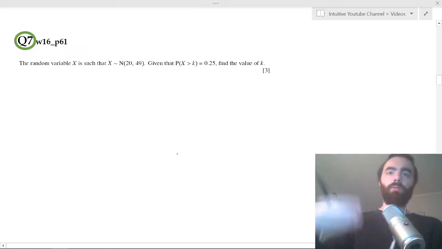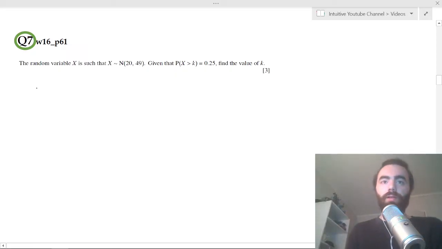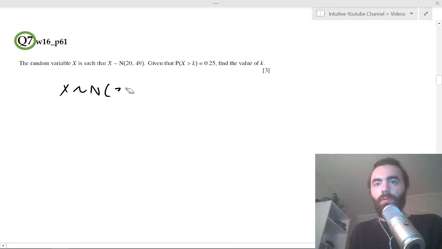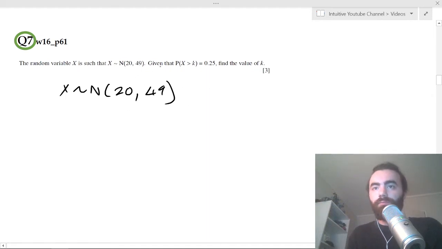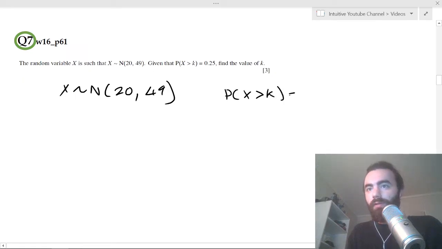Let's keep going. You'll notice that we're going through different styles. You'll see that by the coloring. So we're given this normal distribution. 49 is the variance, remember, so the standard deviation will actually be 7, the square root of 49. It's given that this is equal to 0.25, and it wants us to find the value of k.